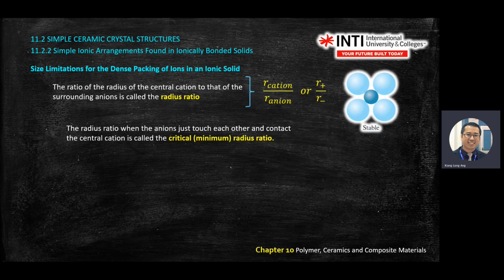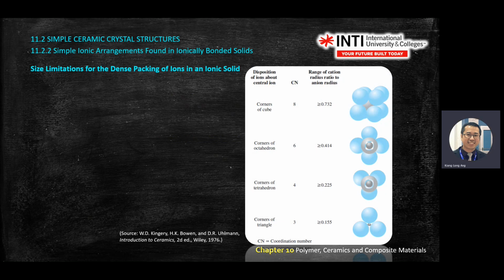Normally the question will give you the critical radius ratio or minimum radius ratio, so there's a number there. If it is the minimum radius ratio, it means this will give you the stable ratio.